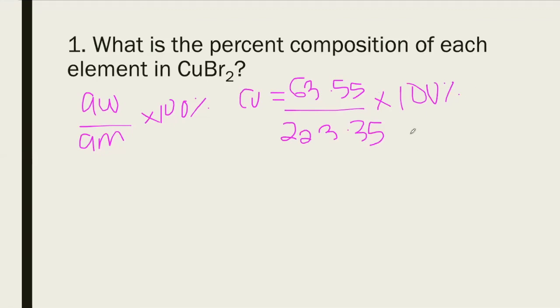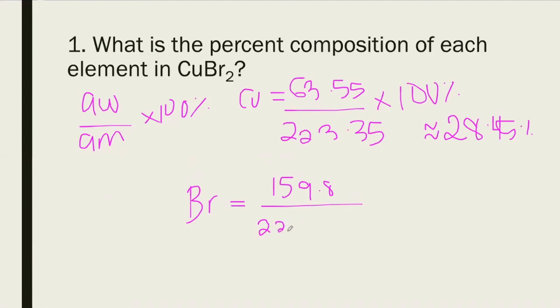So that will give us, rounded off to 2 decimal places, 28.45%. Next, let's move on to Br. So the total atomic weight of Br in the whole compound is 159.8. Divide that by 223.35 and multiply that by 100%.